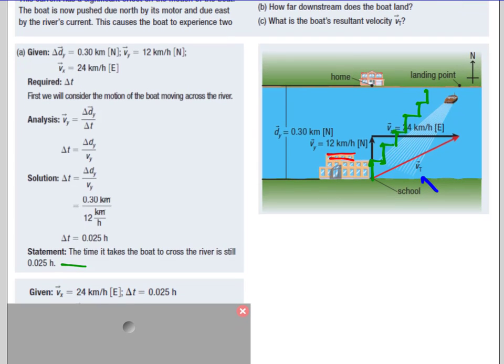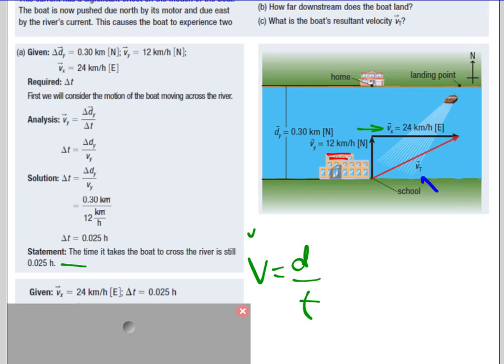Now, how far downstream? Well, once we know the time we're in the river, we can take that time and multiply it with the vector that actually moves me downstream. So we could take our 24 kilometers an hour. Again, we're using our little expression v equals d over t.